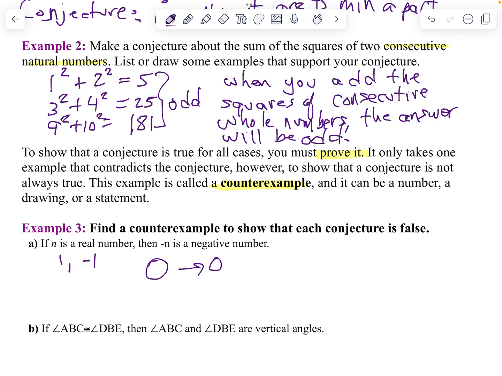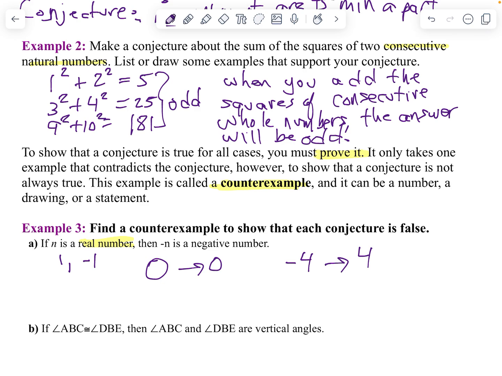So there's my counterexample. I just found a number on the number line, because that's what a real number is, that when I take the opposite, it's not negative. I could have picked another one, like, for example, what is the opposite of negative 4? Well, the opposite of negative 4 is 4. That's not negative, is it?